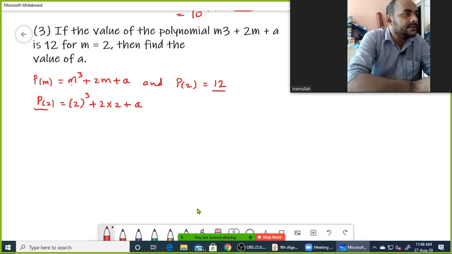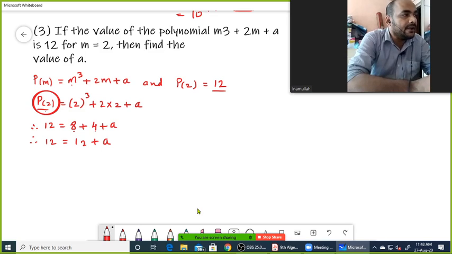So this p2 can be replaced with 12. So we can take 12 equals 2 cube, 2 cube is 8, plus 2 twos are 4, plus a. So 12 is equal to 8 plus 4, that is 12, plus a.